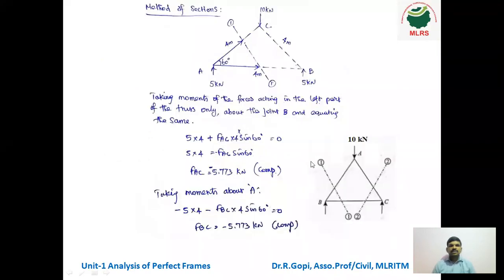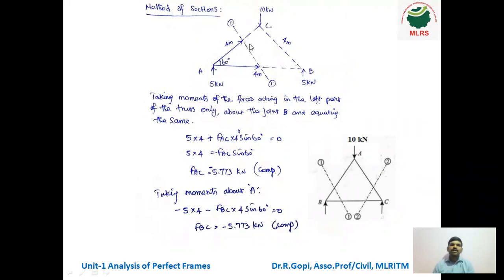Initially we took point B for calculating the member force FAC. Next we took point C for this section line. For this section line, only two members are cut, FAB and FAC, so we needed to calculate only FAB and FAC.